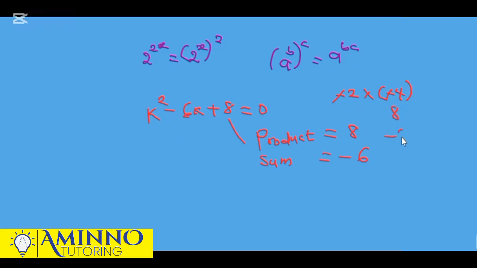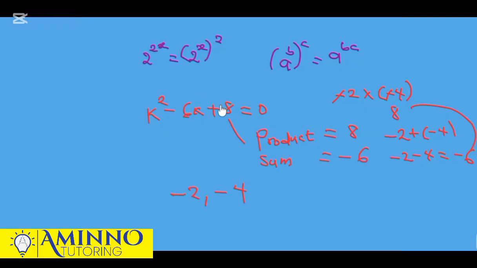If you have minus 2 plus minus 4, that will give you minus 6. So these two results are okay. So our factors are minus 2 and minus 4.